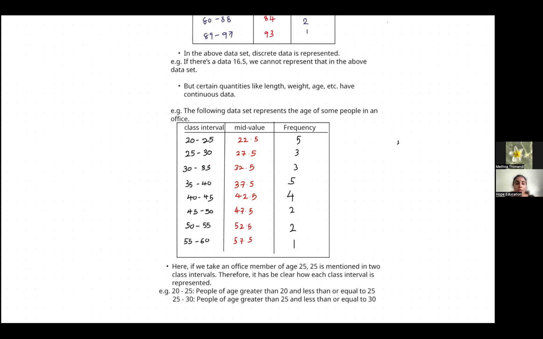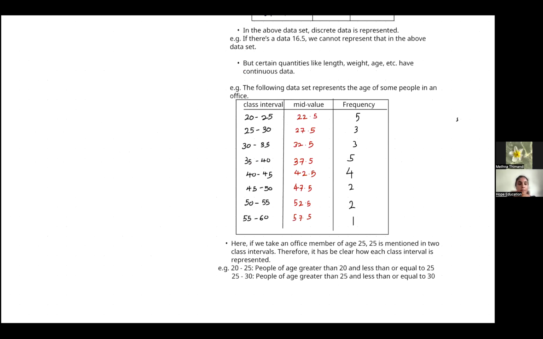Okay, then we'll end the class. Before that, can you mark the homework and also post the homework in the group? Exercise 25.1, that is the previous lesson, the fourth big question.